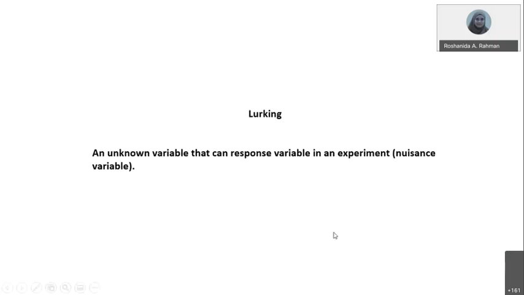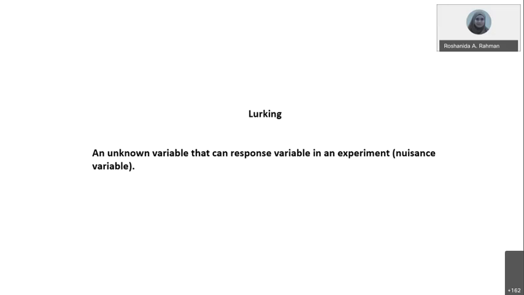Next, I think the last variable is the lurking variable. From your initial review of your references, you think you have all the potential factors for your study, but actually you still have some other factors that we don't know about.